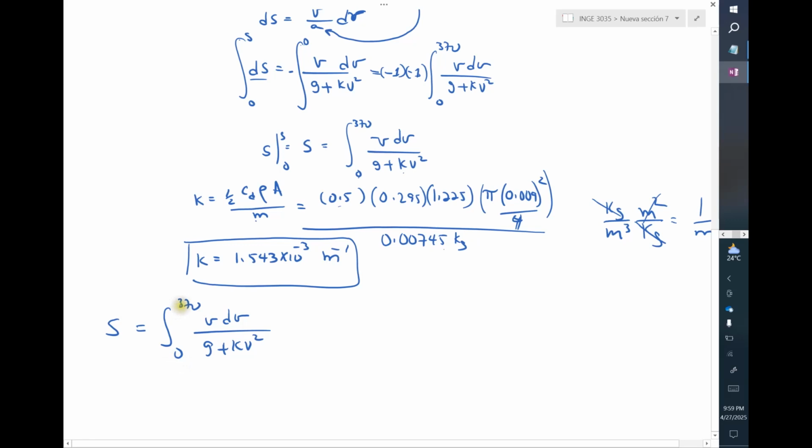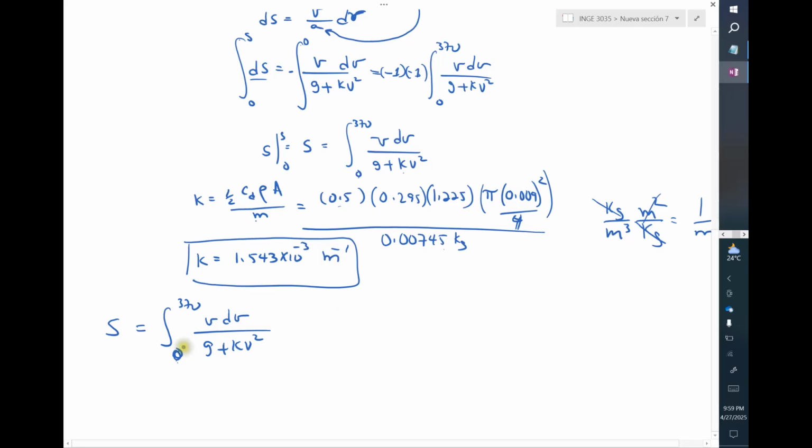It was shot at 370 meters per second, so it's going to end up 0, and that's where it will return back. That's why we divide the problem in two parts. The first part is shooting the bullet vertically up, considering the effect of drag on the bullet.